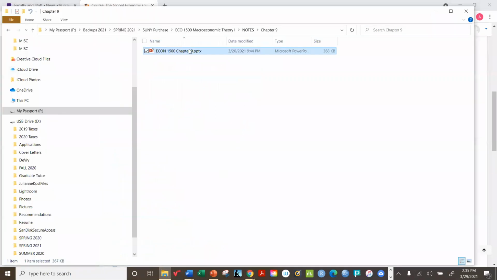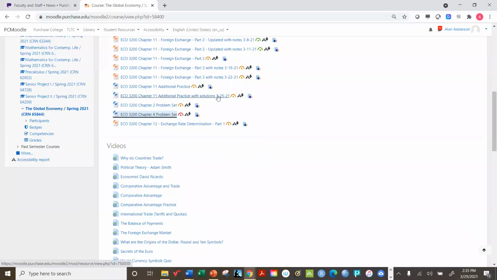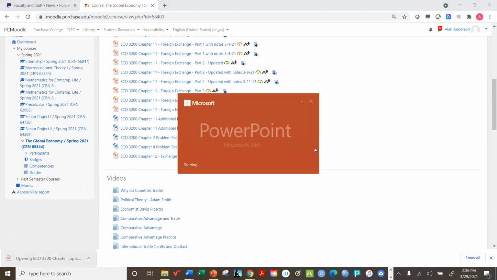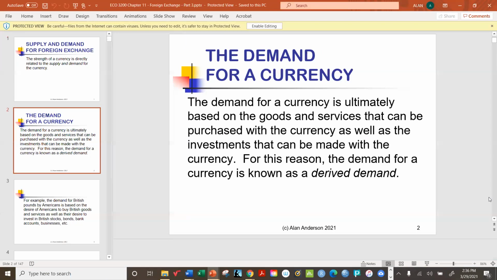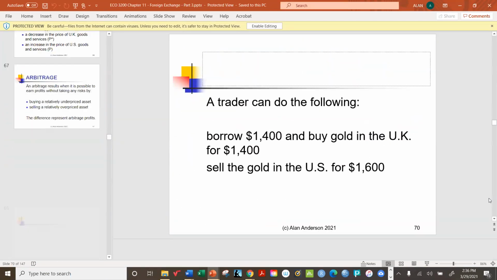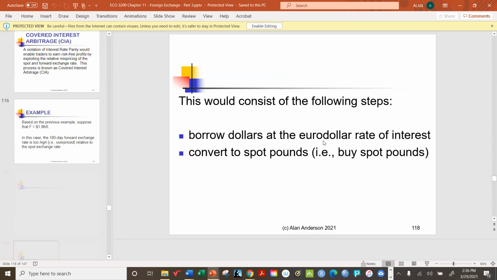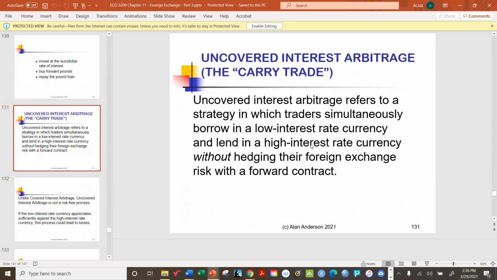Oh, wait a minute, I just remembered. There's one more topic in chapter 11 that we didn't quite get to. Let me get that open. That very last topic in chapter 11, which we never quite got around to, was called uncovered interest parity, or uncovered interest arbitrage, sometimes called the carry trade.